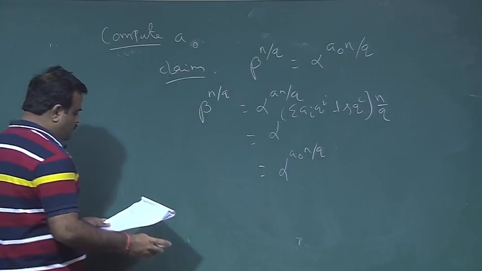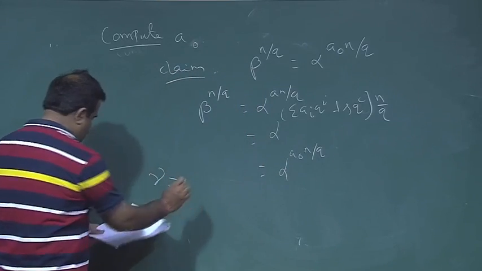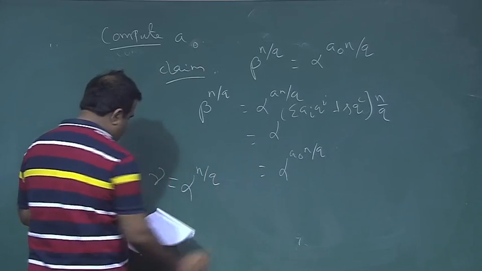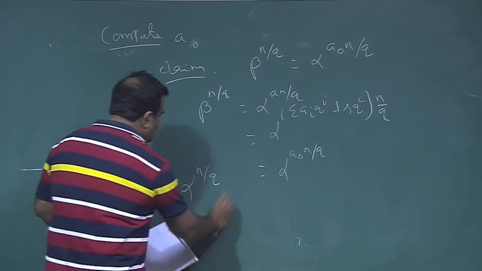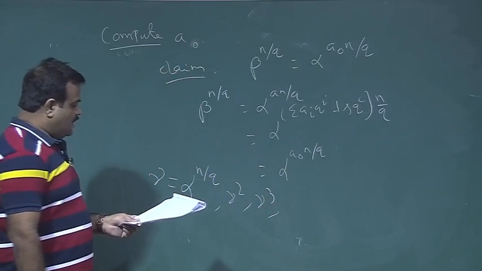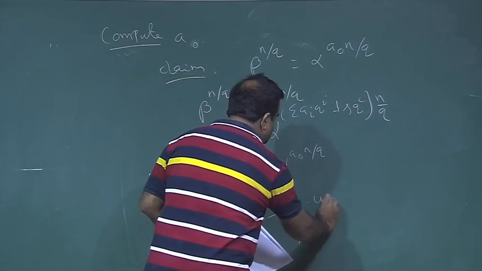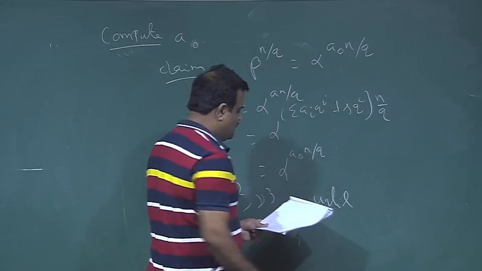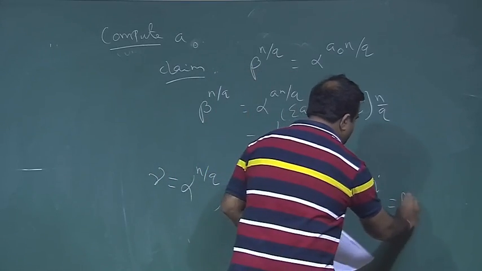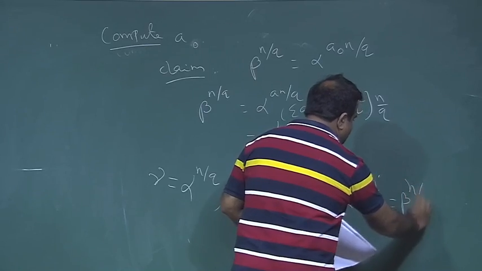Okay. So, now if we take gamma equal to alpha to the power n by q, we keep on calculating gamma squared, gamma cubed, until gamma to the power i is equal to beta to the power n by q.